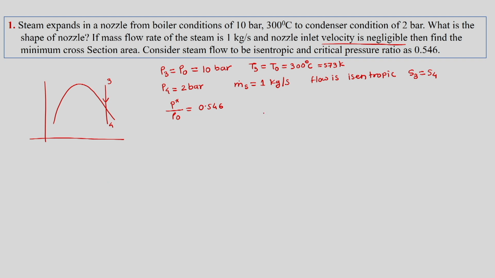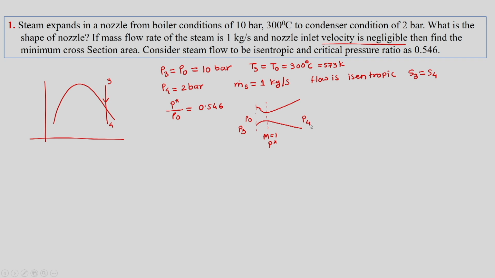We know that in the case of a CD nozzle, the minimum cross section area will attain Mach number 1 for the expansion from subsonic to supersonic, and P star is the pressure at the sonic condition. Then the flow expands from P naught to P star, but here the flow is expanding from P3 to P4.